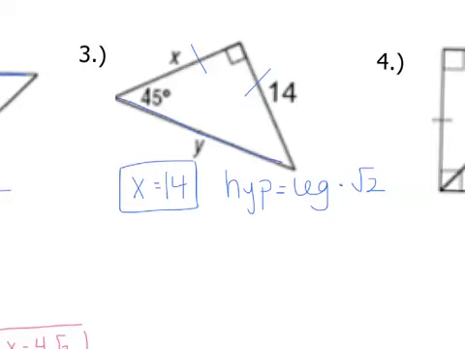Fill in what we know. We're looking for the hypotenuse. That's the variable y. The length of our leg is 14, and then bring down the times radical 2.